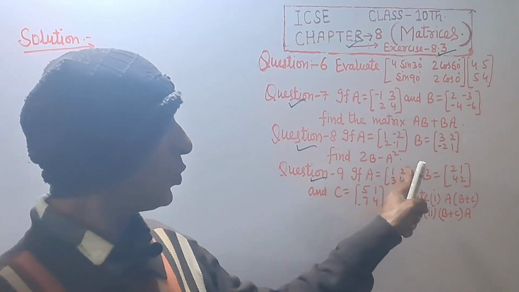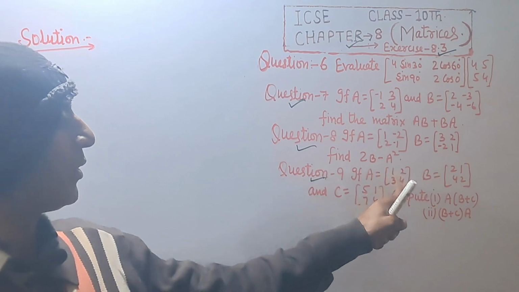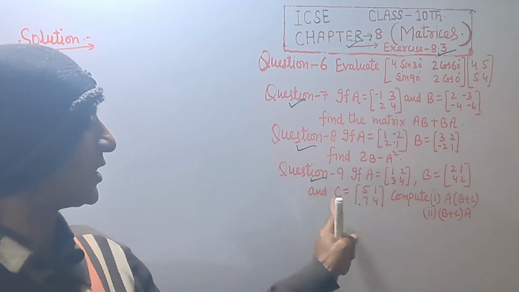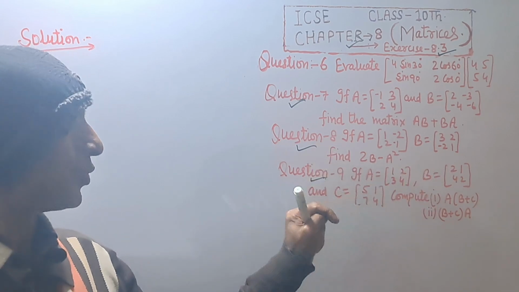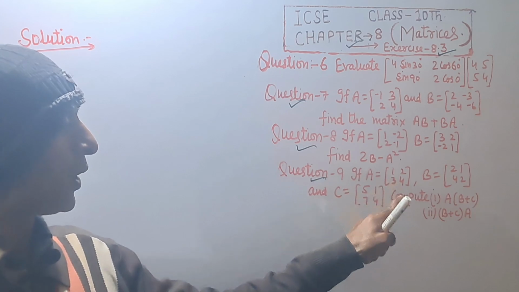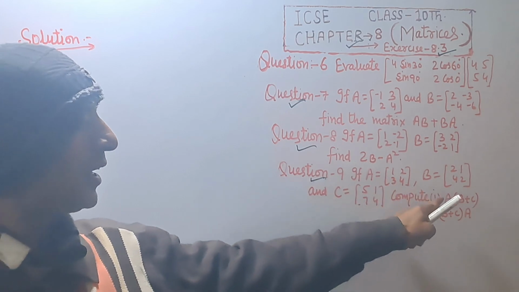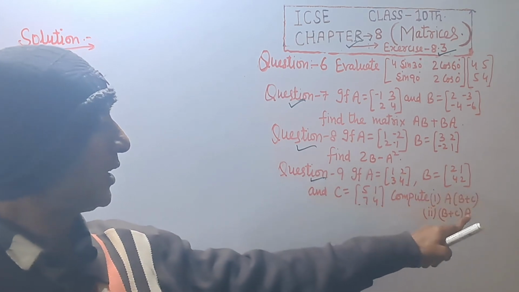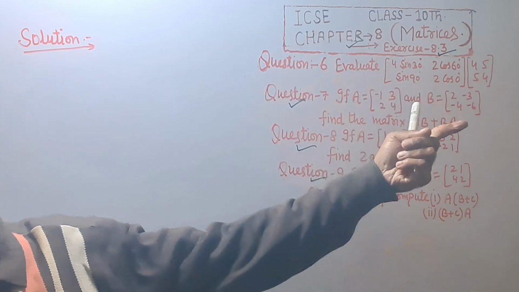If A equal to [1, 2; 3, 4], B equal to [2, 1; 4, 2], C equal to [5, 1; 7, 4]. Compute first part A into B plus C, second part B plus C into A product.